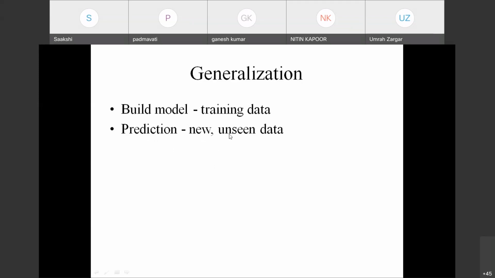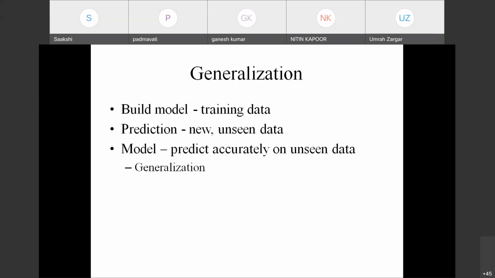But if I give unseen data, the data which has not been seen by my model, then it is very much clear that I may get lower accuracy, because this particular data may not be exactly the same as the training data. Okay, definitely some hidden characteristics are the same. For that sake only I have chosen this unseen data to check the model's performance. Fine.